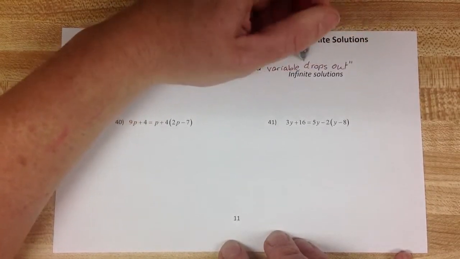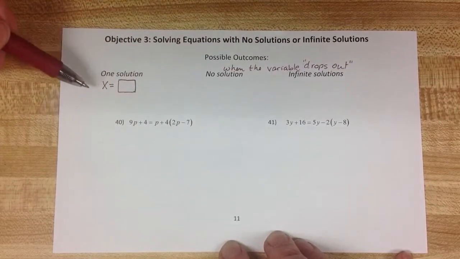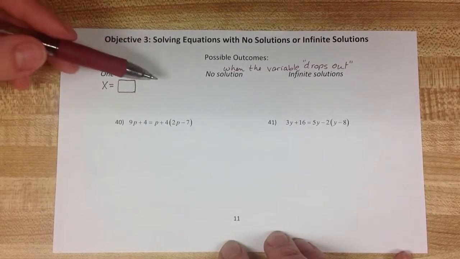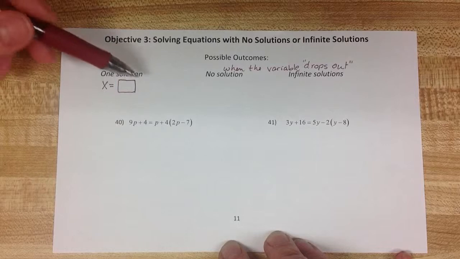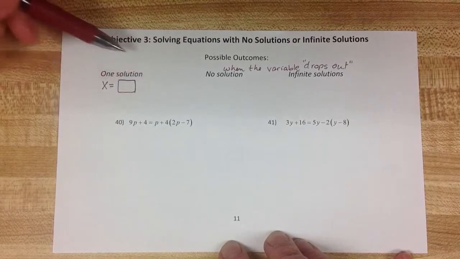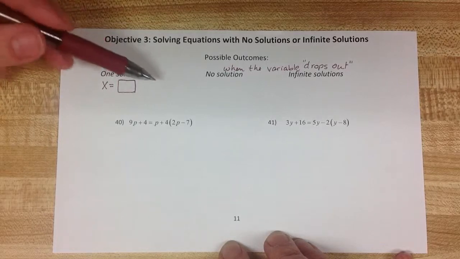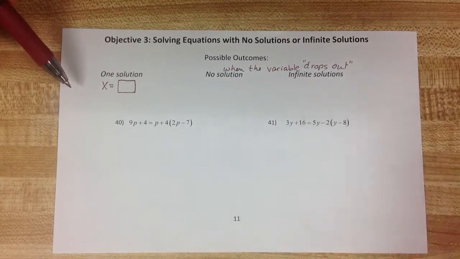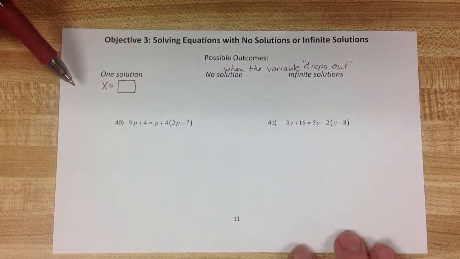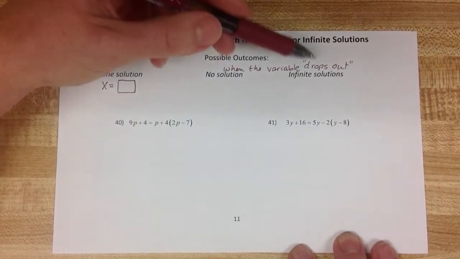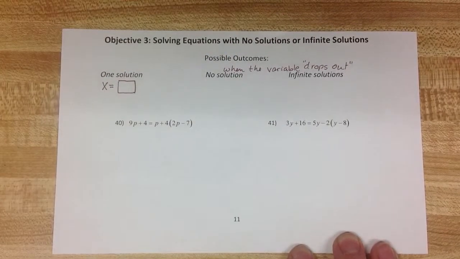By that I mean that you end up with an equation with 3x on one side, 3x on another side. When you subtract, or when you try to bring all your variable terms to one side of the equation, they end up canceling each other out and the variable term disappears. So two things can happen when that variable term drops out.